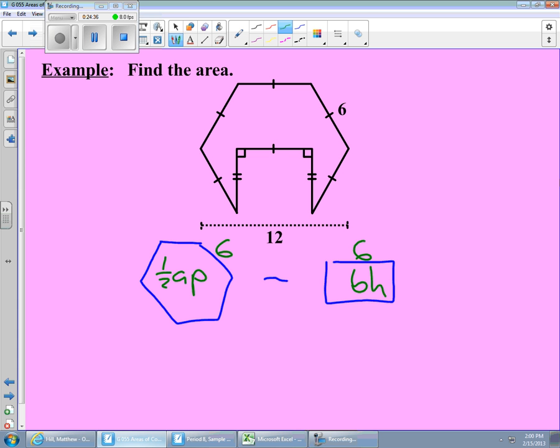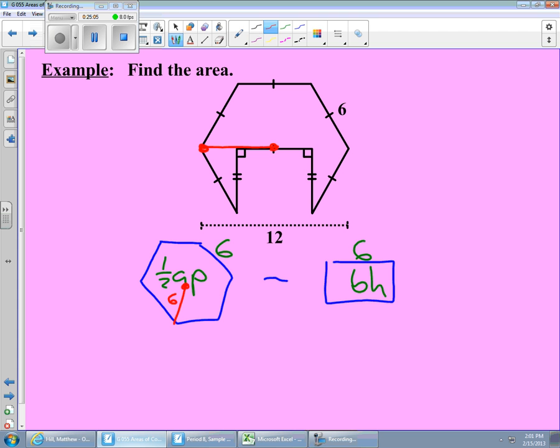Okay. Now there's another piece of information in there that doesn't seem to be directly connected to what's going on, but we have information about the radius. Okay, what do you know about the radius? Radius is going to be 6. That might be important. So I'm going to at least put a radius inside of our hexagon. And even if they didn't provide that for us, we probably could have figured that one out.